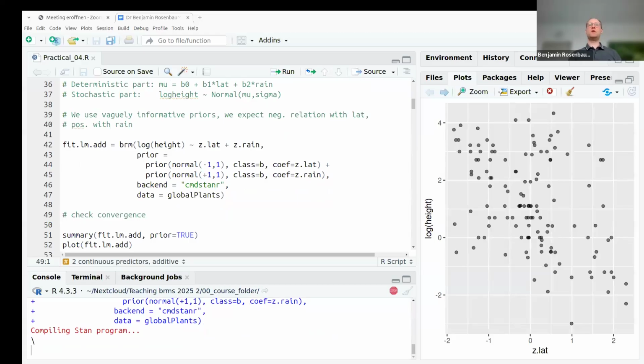This is an additive model, so I'm just correcting for the effect of rainfall, and I do not expect that the effect of latitude changes with different levels of rainfall. So the slope will be identical across different levels of rainfall.